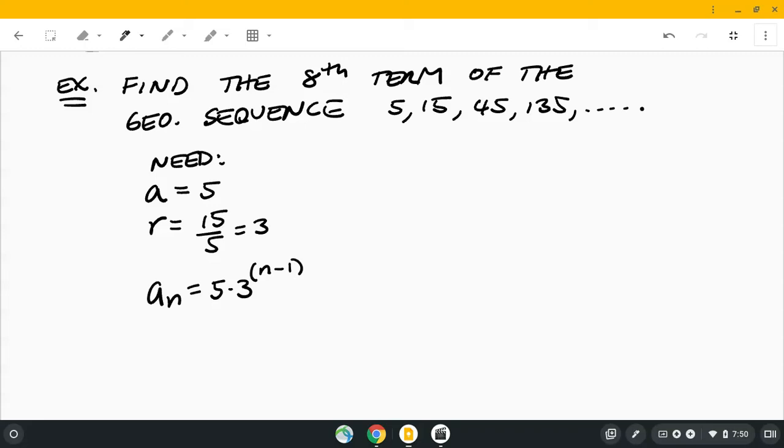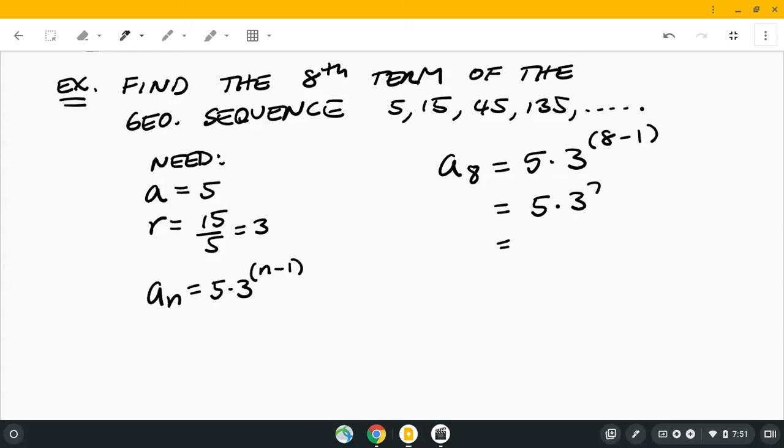This is given, this is found, and this is derived. Now, when you have your nth term formula, then you can find any term they want. They want you to find the 8th term. So I'm going to substitute 8 for n, and I get 5 times 3 to the 7th.